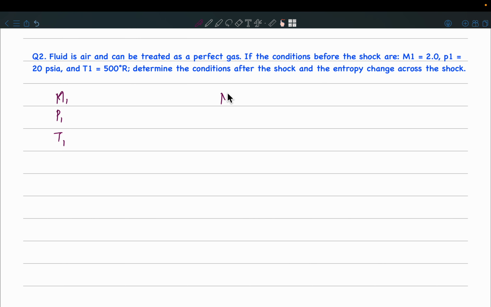We have to find M2, P2, T2, and we have to find delta S. So for finding entropy, we have to go back to the relation of P02 by P01. So how do we proceed?